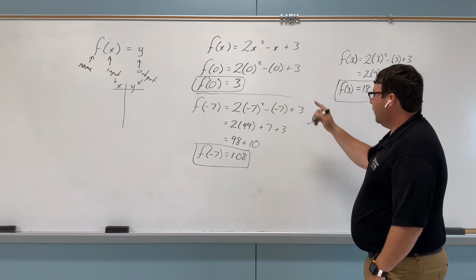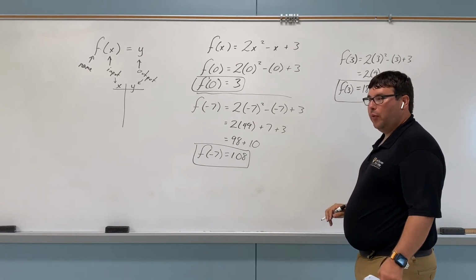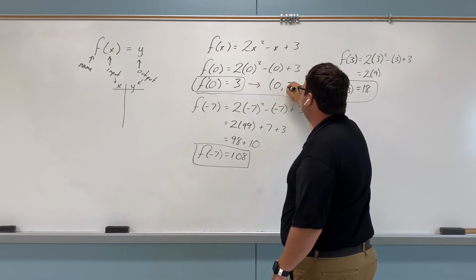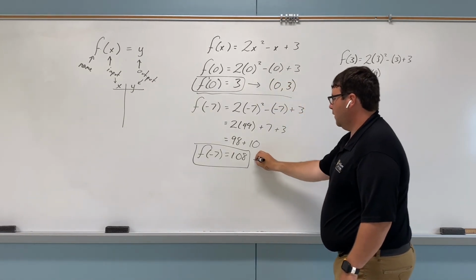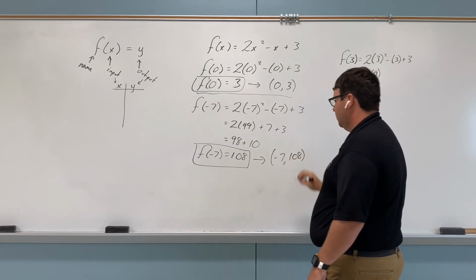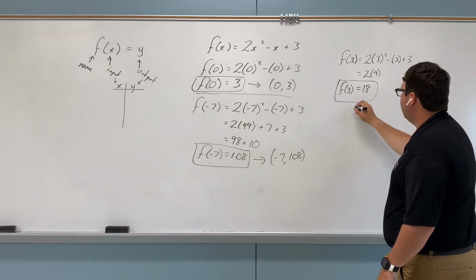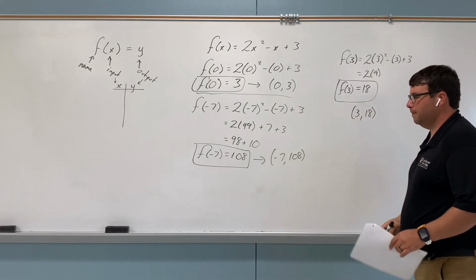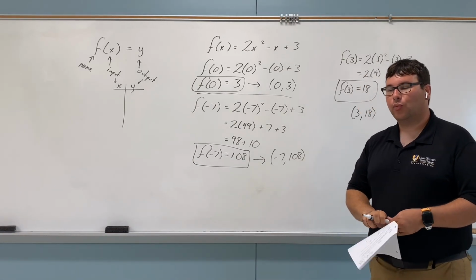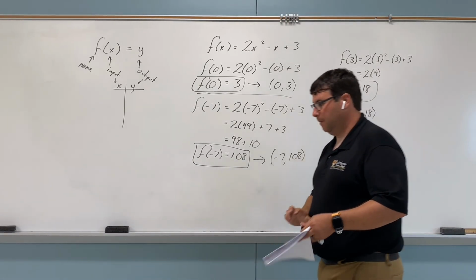Now, if you were to look at your values for points, this would give you a point of 0, 3. This would give you a point of -7, 108. And this would give you a point of 3, 18. So function notation and coordinate graphing really go hand in hand here.